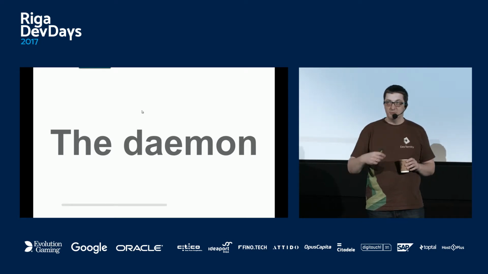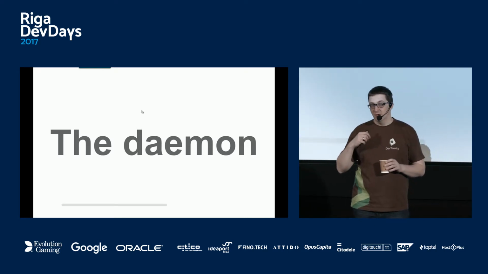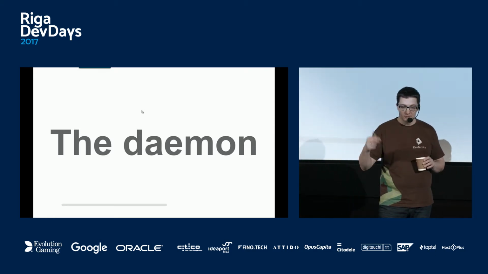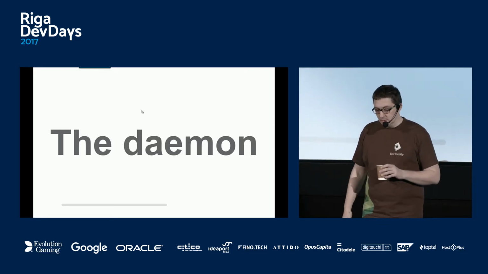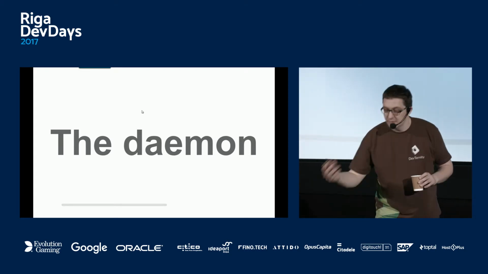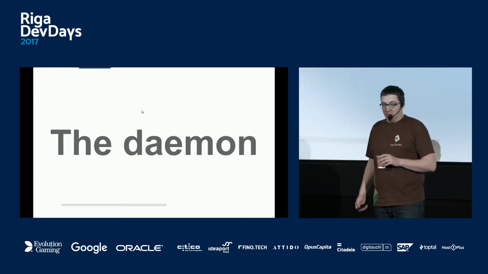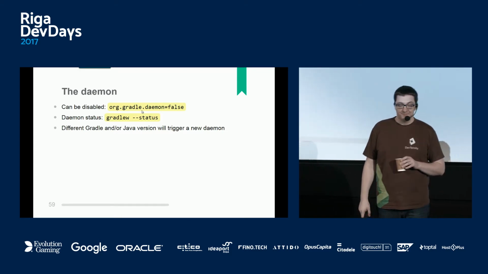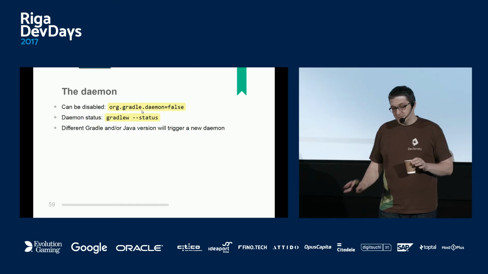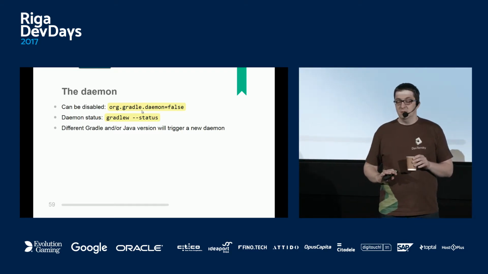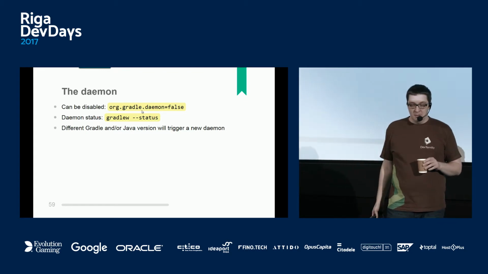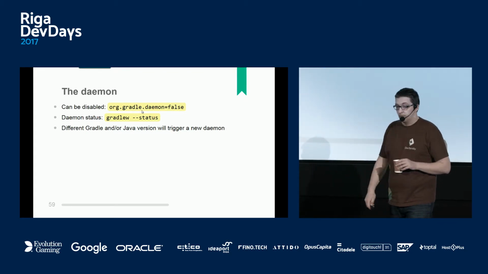For the first build, it will always start the daemon process and put the compiled code inside that daemon process, and use that daemon later on the next run. The good thing is that the daemon can be disabled. Unfortunately, I have some issues with the daemon sometimes. Sometimes it's not detecting itself, but in most cases it works fine.